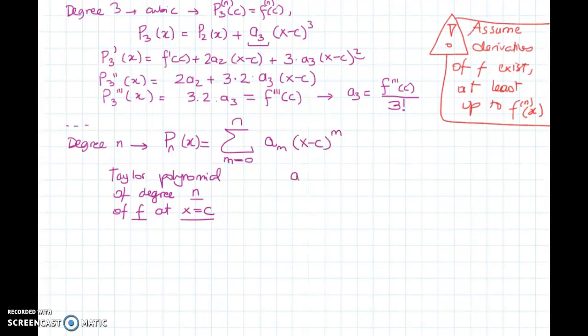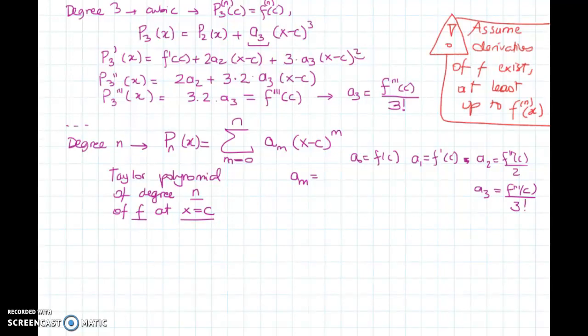And what do we want Am to be? If you remember, A0 was just the function at c, A1 was the derivative of the function at c, A2 was the second derivative of the function at c divided by 2, and A3 was the third derivative of the function evaluated at c divided by 3 factorial.